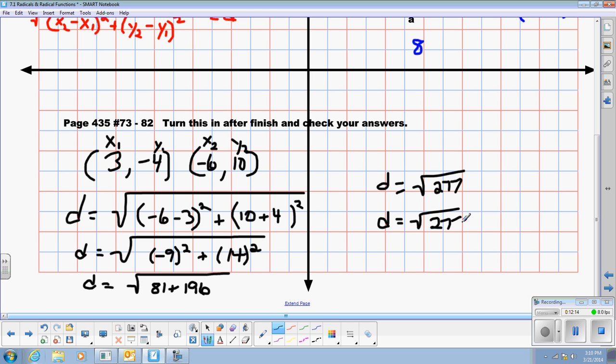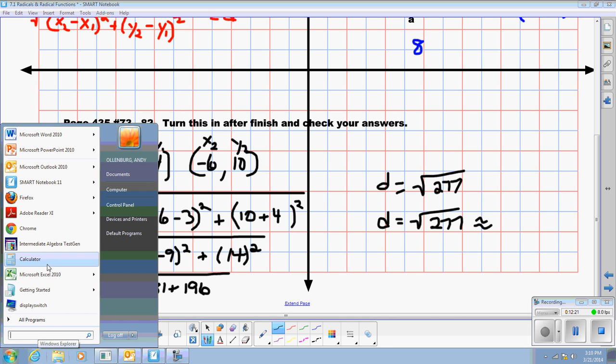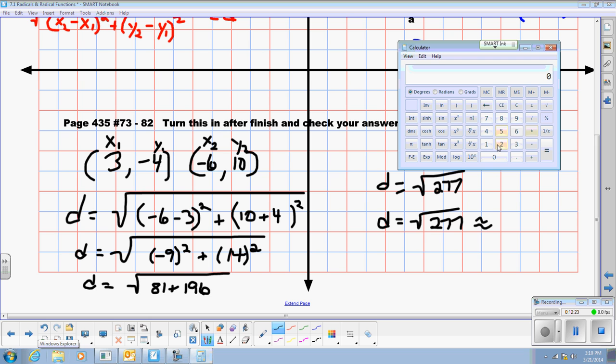I can also actually do the square root of 277 and say then that it's approximately, and I'll bring up the calculator here. So I'm going to type in 277 and hit my square root function, which is right where? Where is that square root?